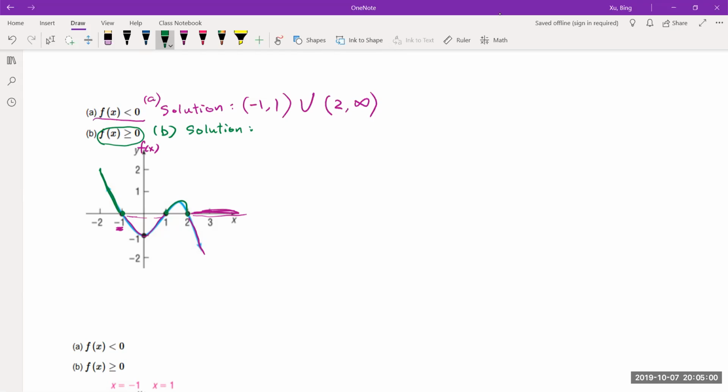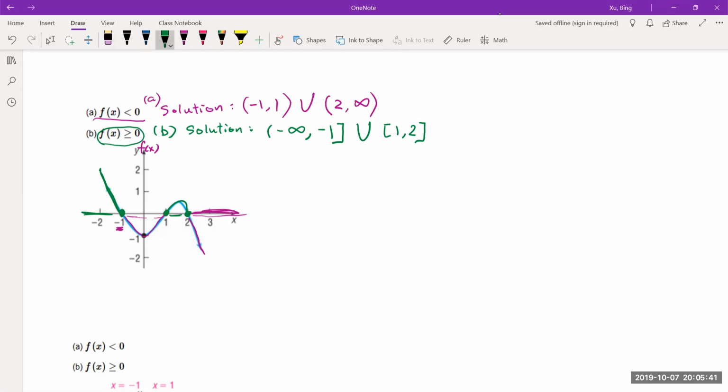First of all, your solution needs to include these 3 x-intercepts, because those 3 x-intercepts make your f of x equal to 0. And then it's the part above the line. So the solution should be, first of all, this part, -infinity to -1. Is -1 included? Yes. Union, then this interval from 1 to 2, where 1 is included, and 2 is also included. Questions on this problem?